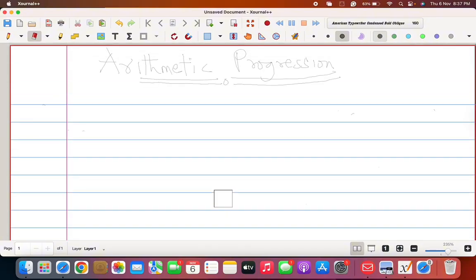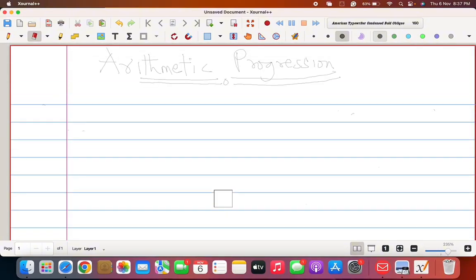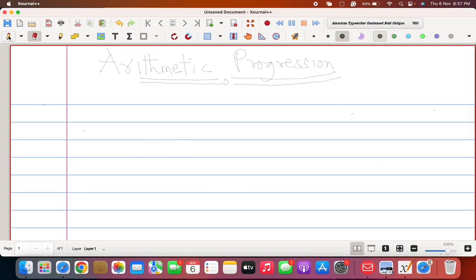Okay, so let's look at the sum of terms. The next formula is going to be formula number 2.